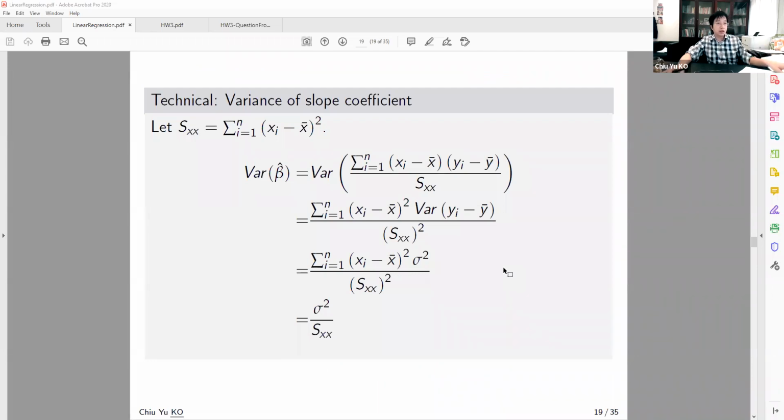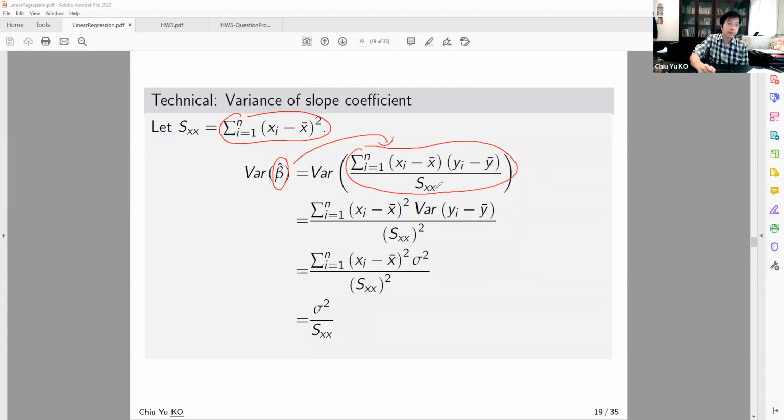And here we want to prove for beta, and the proof will be much easier because beta is a linear function of y, okay? So let's again make this notation Sxx, okay? And this beta will be equal to this, right? It's just replacing what it means, okay?